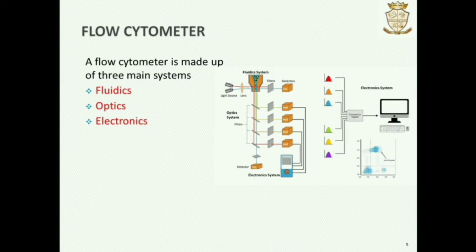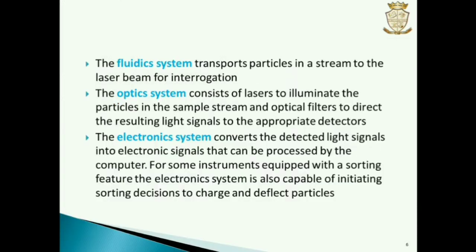Next is flow cytometer. A flow cytometer is made up of three main systems: fluidics, optics and electronics. The fluidic system transports particles in a stream to the laser beam for interrogation.